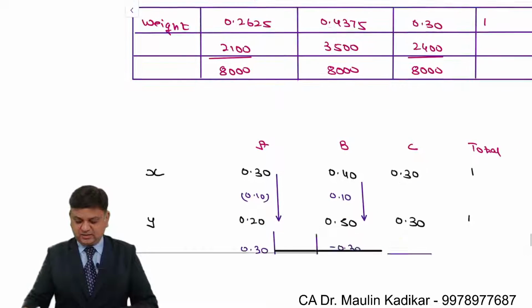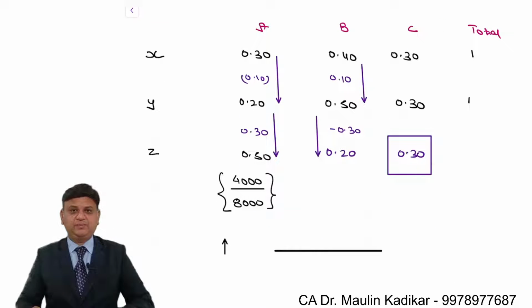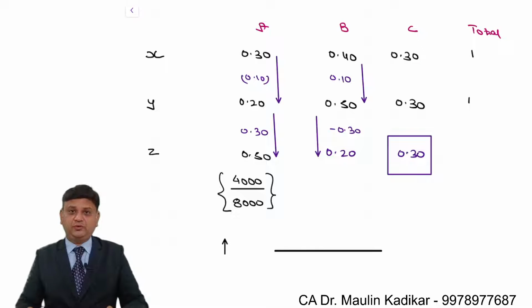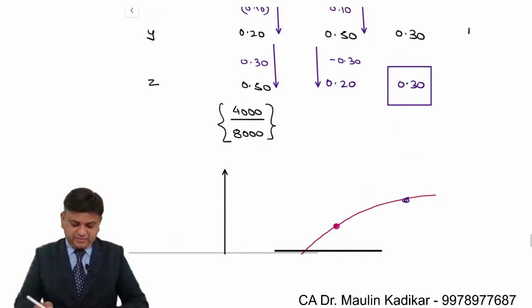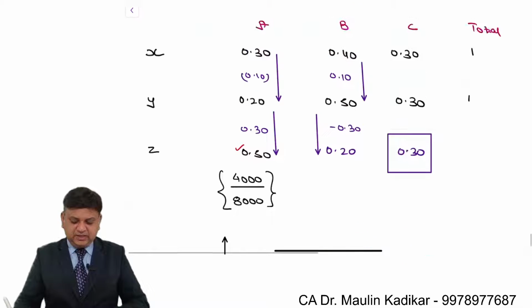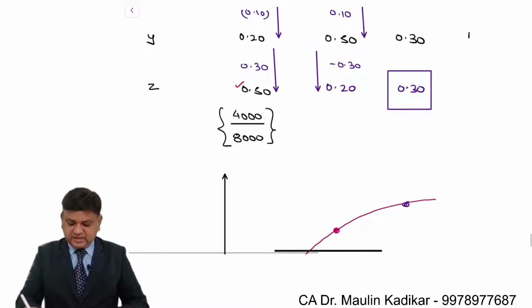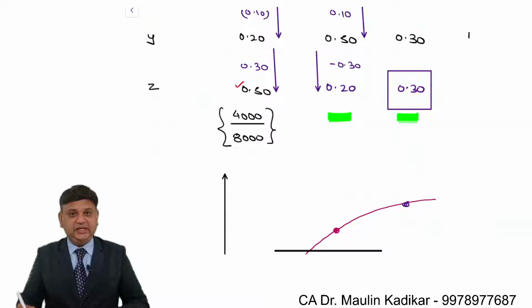Nothing great in that. The second part of the question is important, wherein we are required to form one more efficient portfolio, that is a minimum variance portfolio, in which the proportion of the investment in security A is 50%. So basically we are required to find what should be the proportion of the investment in B and C. That is the question.